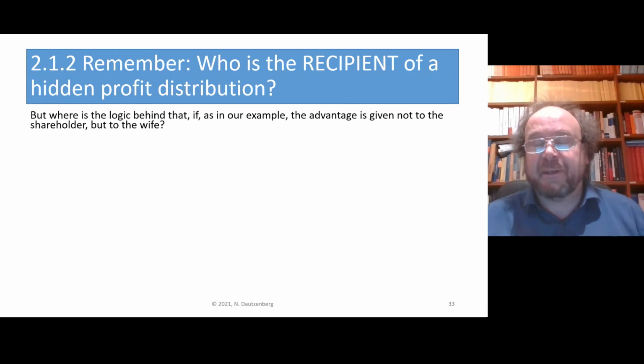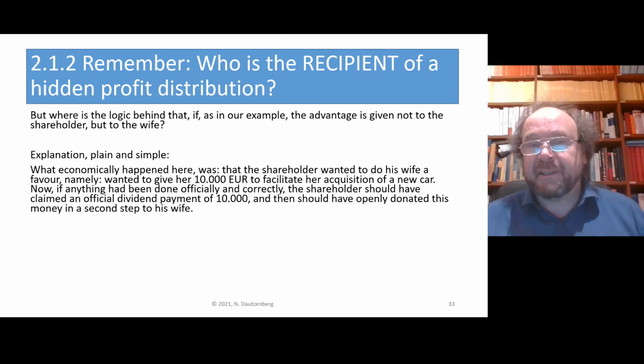what is economically behind that event? What explains that the money is handed over to the wife instead of to the shareholder himself? Plain and simple explanation. The economic background is simple. The shareholder wanted to do his wife a favor, so wanted to give her 10,000 to facilitate the acquisition of a new car.